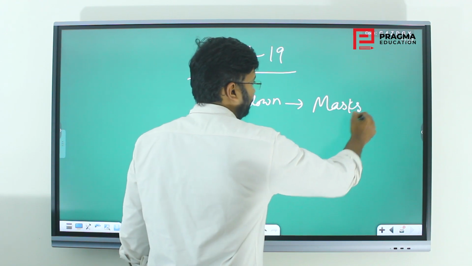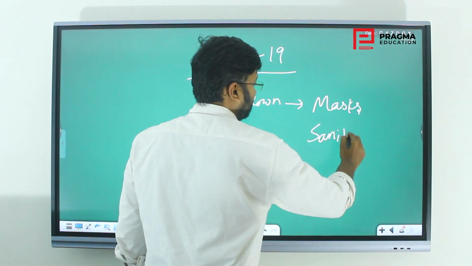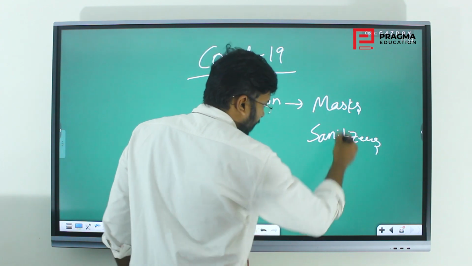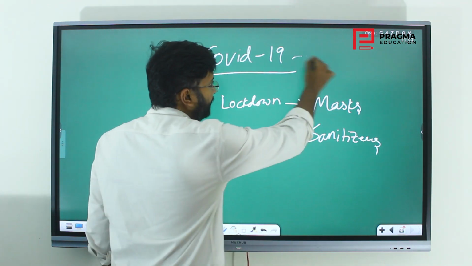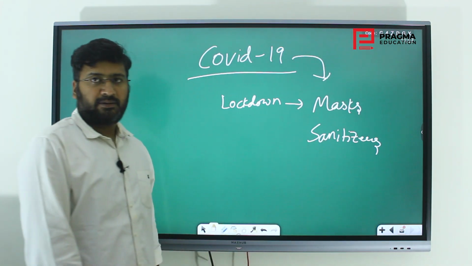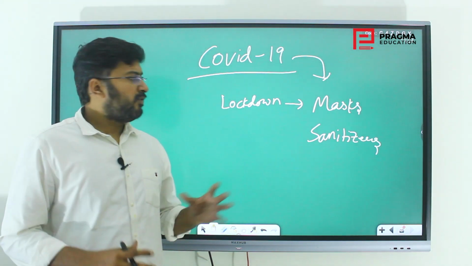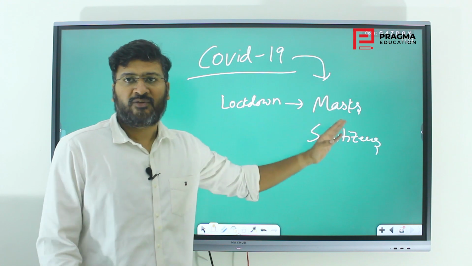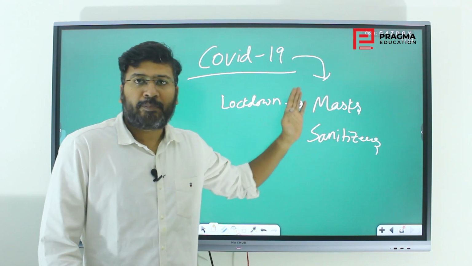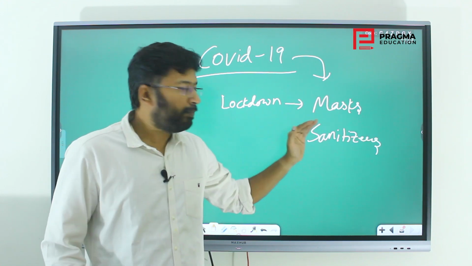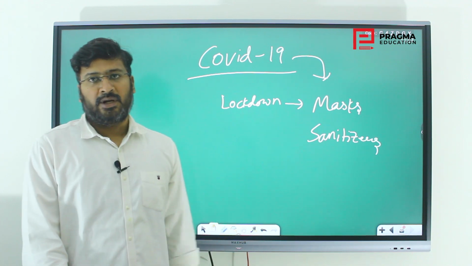Masks, sanitizers, and other things related to preventing COVID-19 spread. So there was an enormous increase in the demand for these. All people wanted masks now. All people wanted sanitizers today.